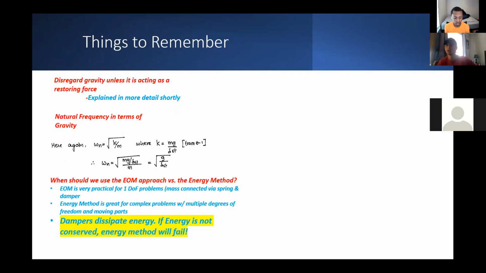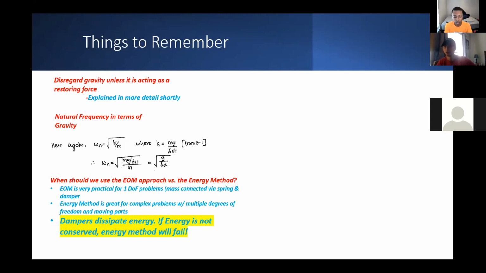When should we use the equation of motion approach versus the energy method? If I would have known this when I took this class, it would have made my life a lot easier. Because I do a lot of homework, and unless it's stated in the problem to use the energy method, you don't really know until you use some trial and error. But EOM, or equations of motion, is very practical for 1 degree of freedom problems, so that's the mass connected by a spring and a damper.